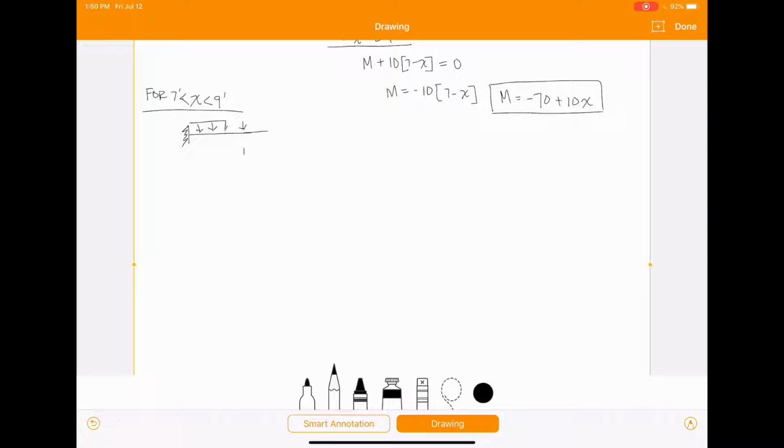We're looking at this portion of the beam down here, so we're going to cut it somewhere in that section. And of course, that distance there is going to be our distance x.